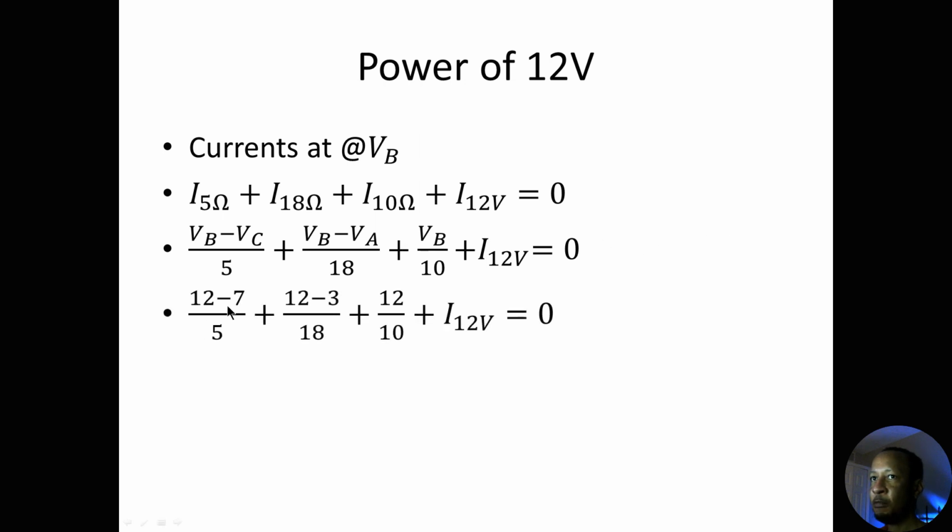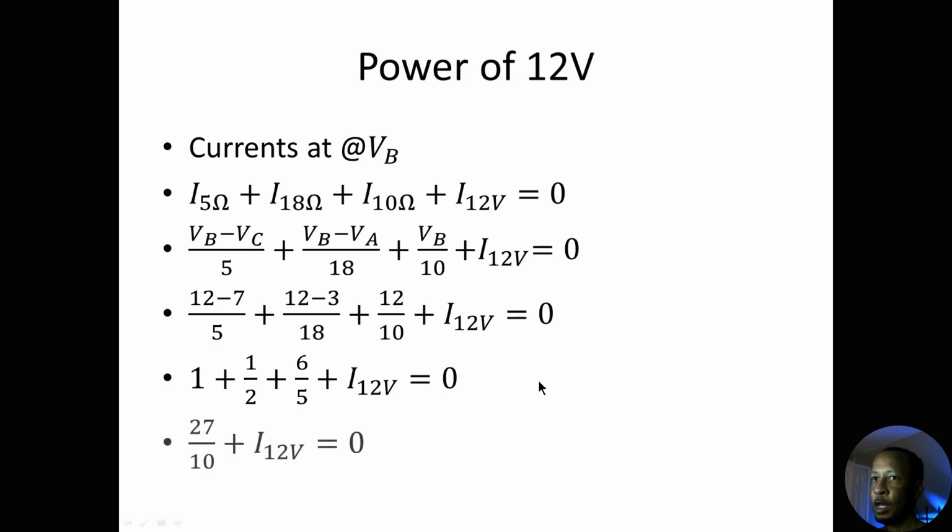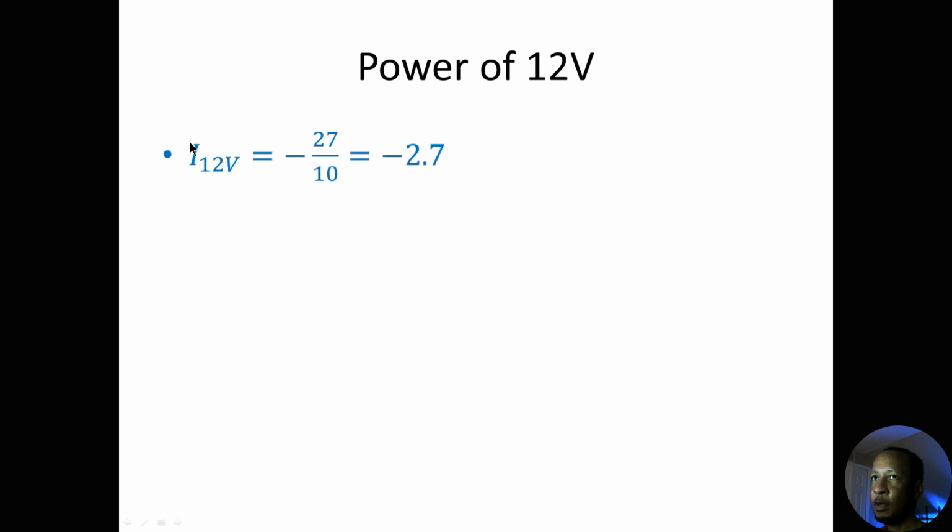Next we have 12 minus 7 over 5 plus 12 minus 3 over 18 plus 12 over 10 plus I12V equals 0. And so 1 plus 1 over 2 plus 6 over 5 plus I12V equals 0. And then next we have 27 over 10 plus I12V equals 0. And then finally we have I12V equals negative 27 over 10, which equals negative 2.7.